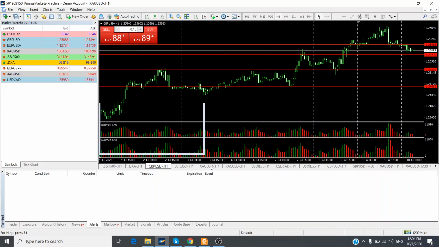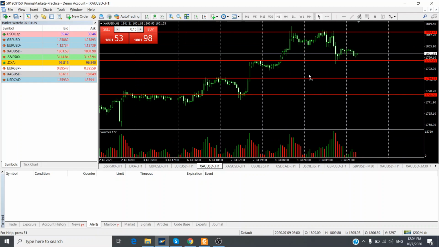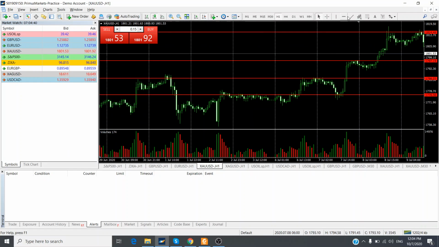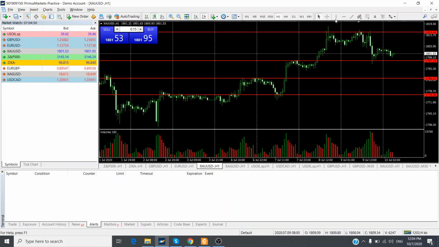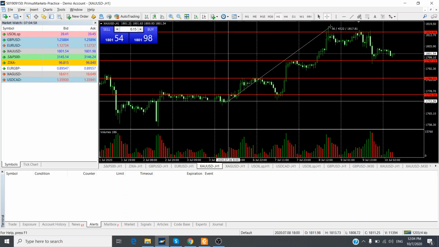Okay, so moving on to gold prices. We also saw gold prices having a bullish run throughout most of the week, from Monday itself. From Monday until Wednesday, it moved up from 1,772 US dollars all the way to a high of 1,817 US dollars.